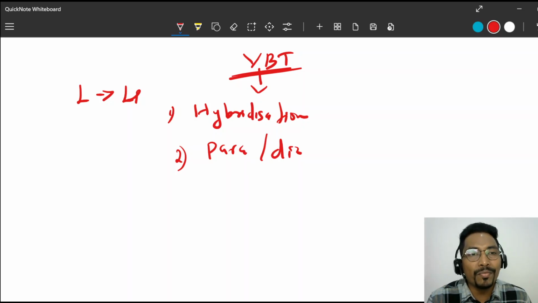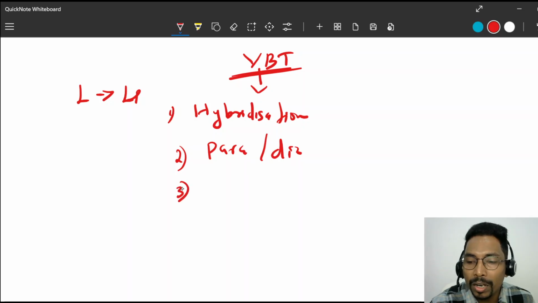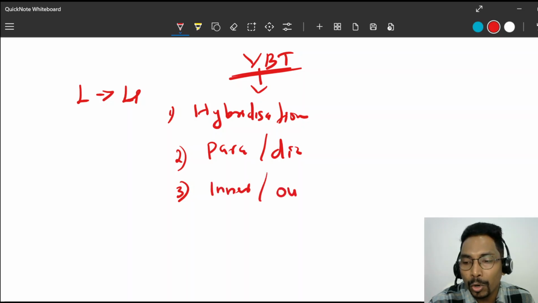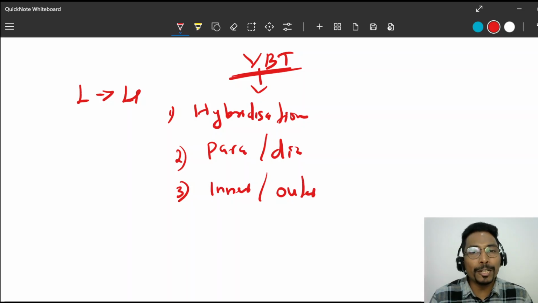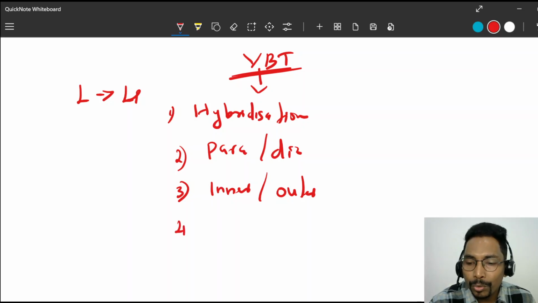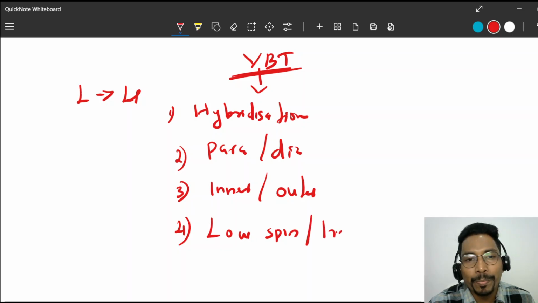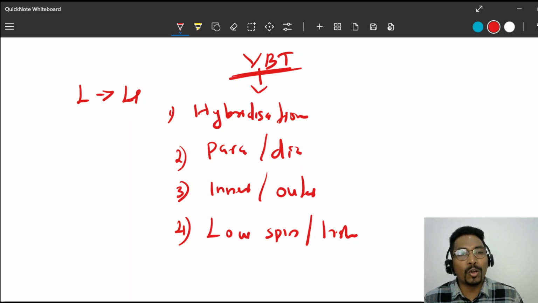Third, you have to say whether the complex is an inner complex or outer complex, and whether it is a low spin complex or high spin complex.